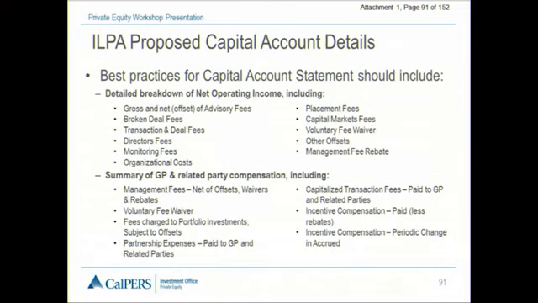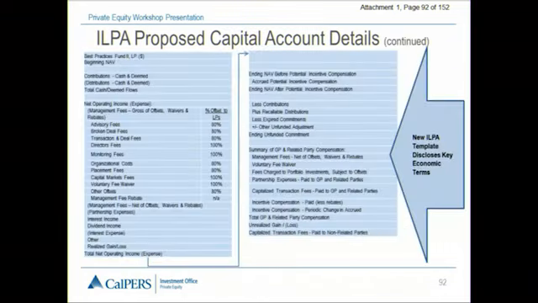And what this level of disclosure entails, this is probably too difficult to read, but you can think of it in this way. What we want to know as a limited partner is every single cash flow between the general partner, the fund, and the portfolio companies. Whether or not it's offset, we want to know about it. So that includes things like travel expenses that the general partner might get reimbursed from portfolio companies.